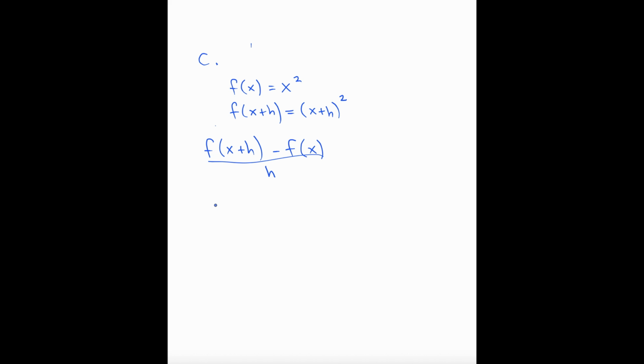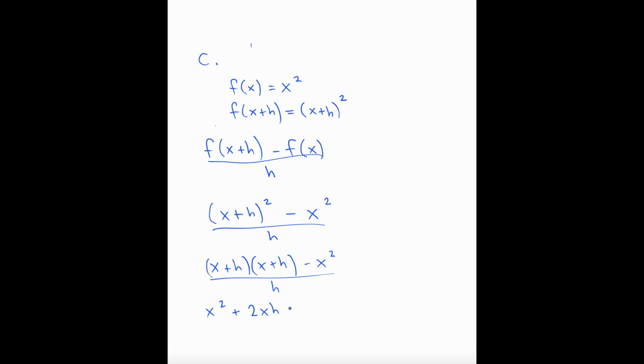All right, we'll substitute in. And we're going to have to expand this in order to simplify. So we'll do x plus h times itself, which is going to be x squared plus 2xh plus h squared, minus x squared, over h.